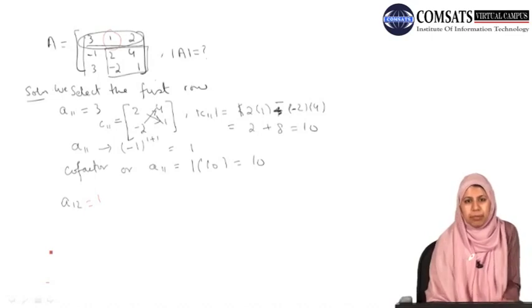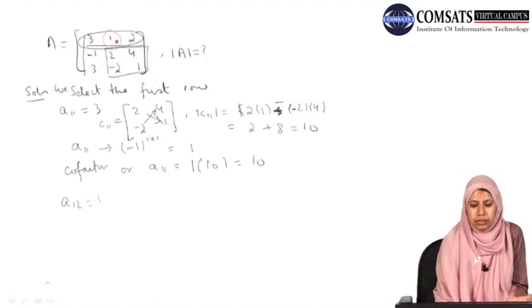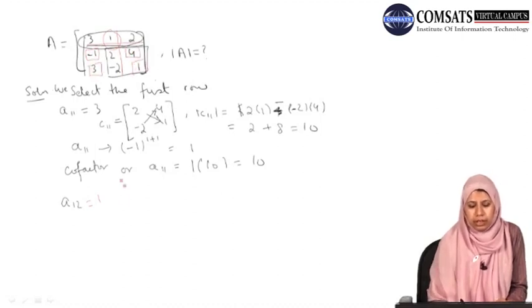First we have to associate the submatrix with this entry, that is, we have to neglect the row containing this entry, the first row, and the column containing this entry, the second column, and we are left with 4 entries -1, 4, 3 and 1. So the submatrix C12 is -1, 4, 3 and 1.